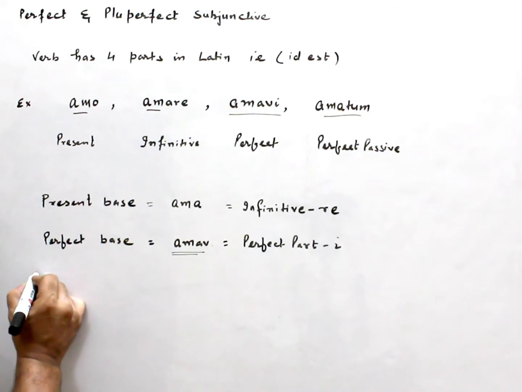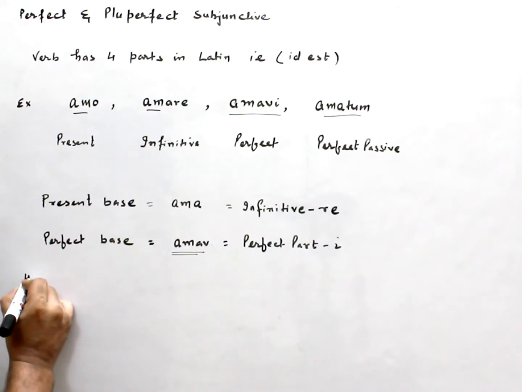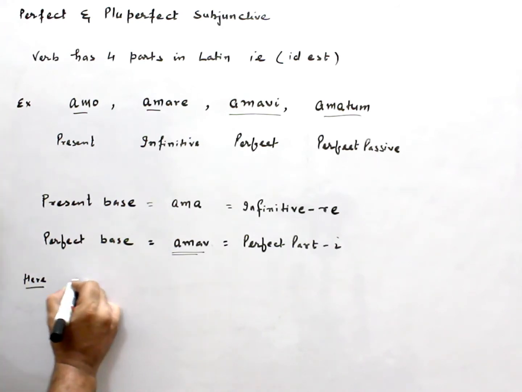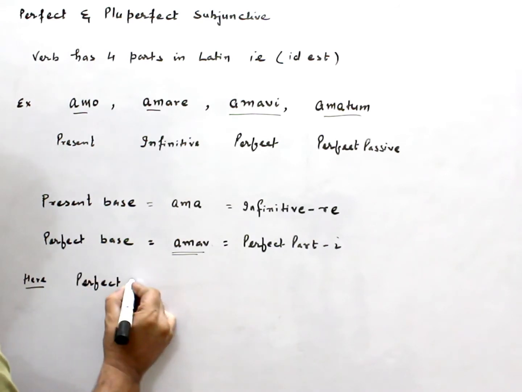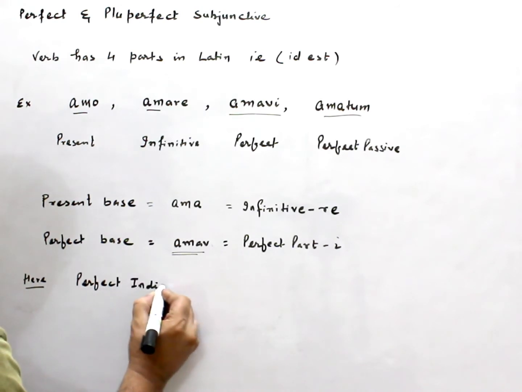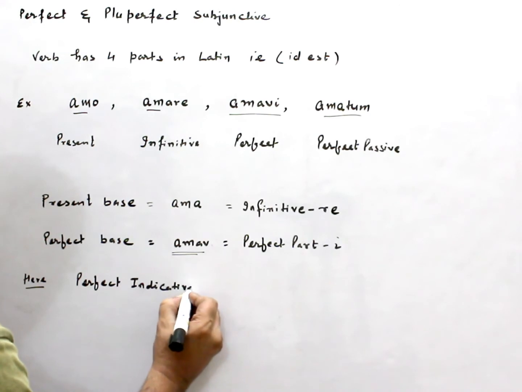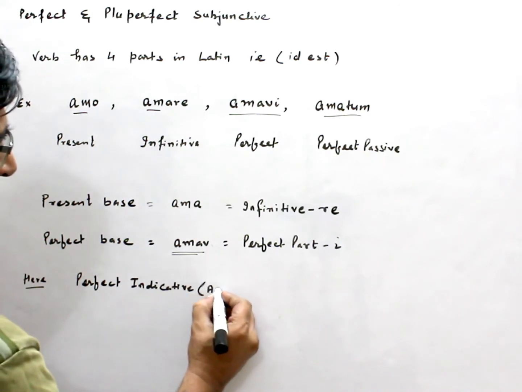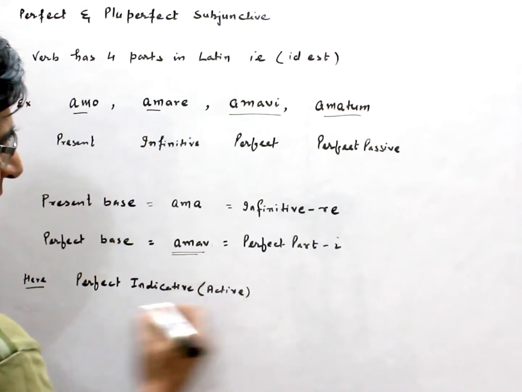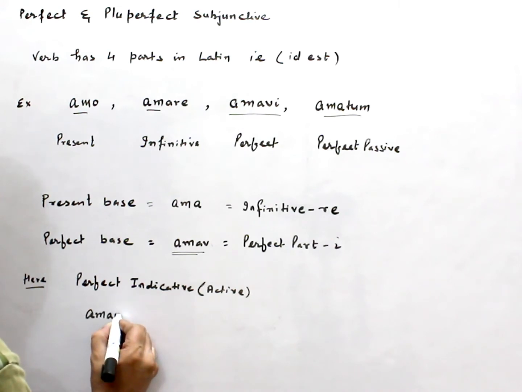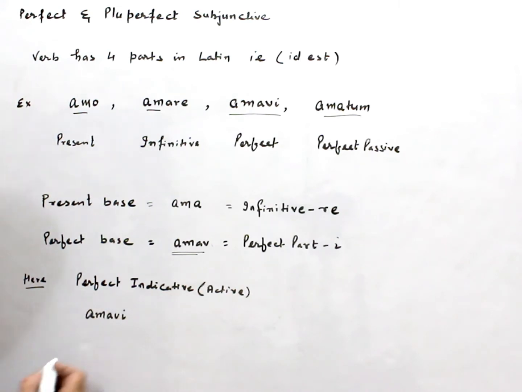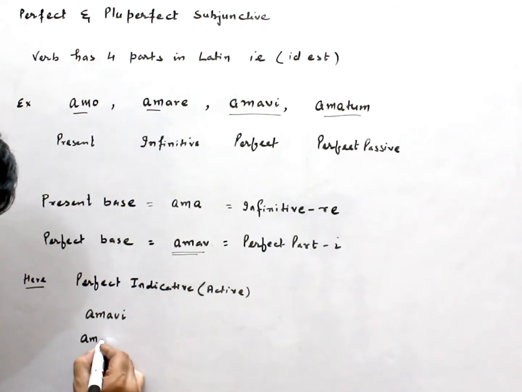So, we know perfect active or indicative. Here, perfect indicative active is amavi, amavisti.